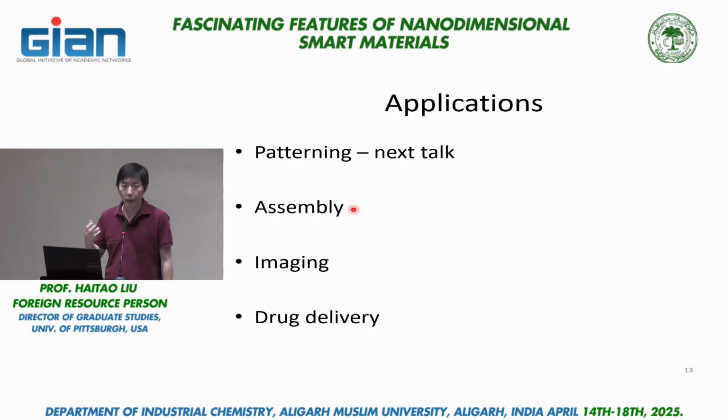The assembly can be a molecular species, can be a nanomaterial assembly, can be biomolecule assembly, can be carbon nanotube, can be a lot of things. There's also a lot of research done in medical-related applications. I'm not an expert in this area, but I'll try to mention some of the interesting examples I saw in the literature.